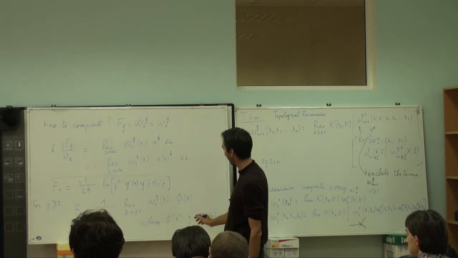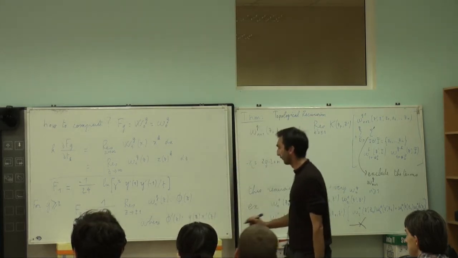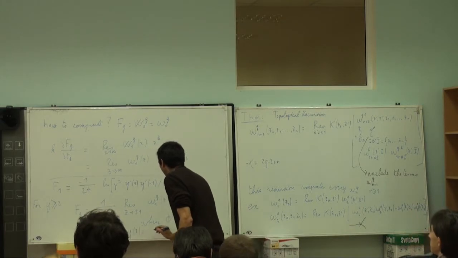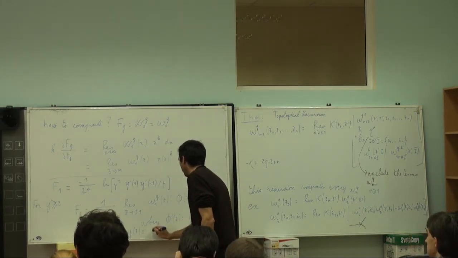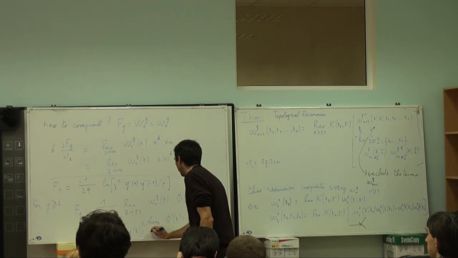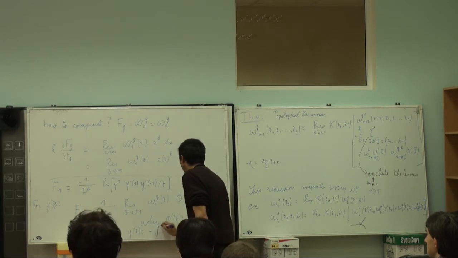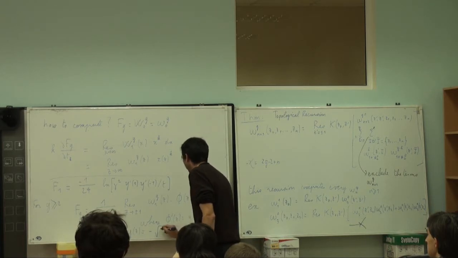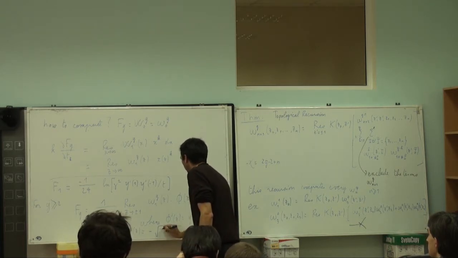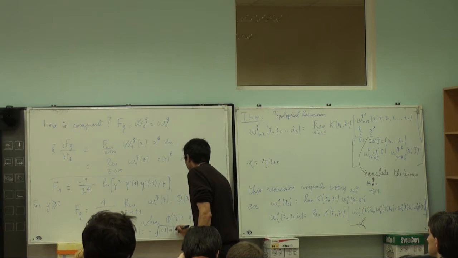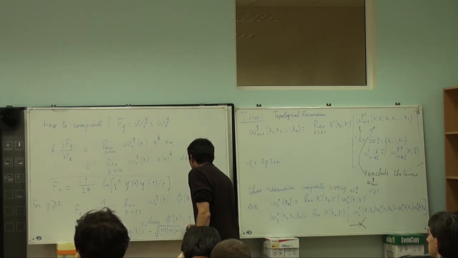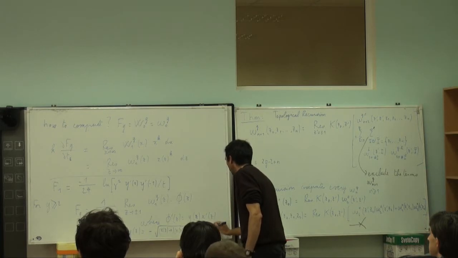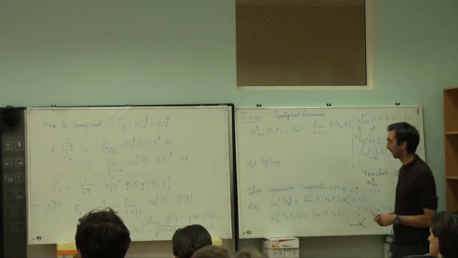And remember that y of z was minus the square root of x of z minus a, x of z minus b, times q of x of z.